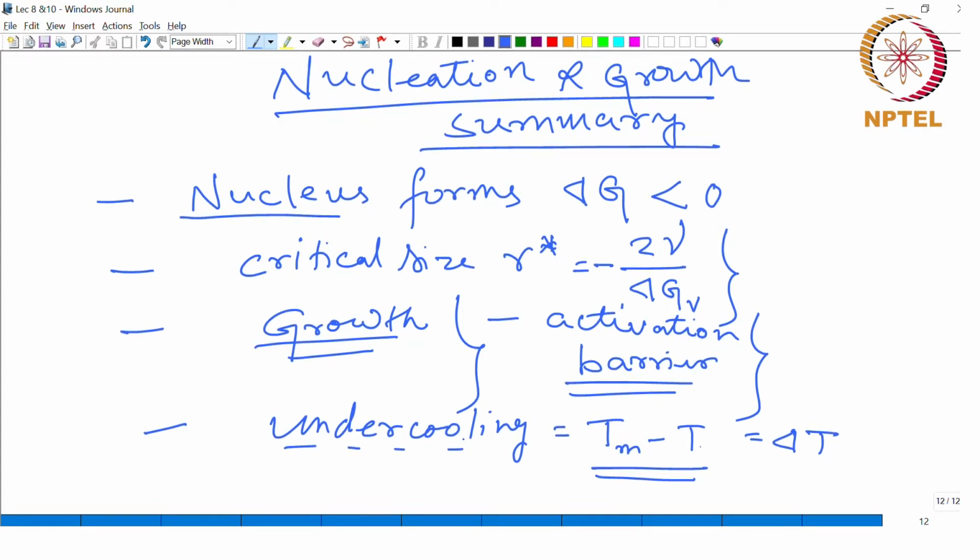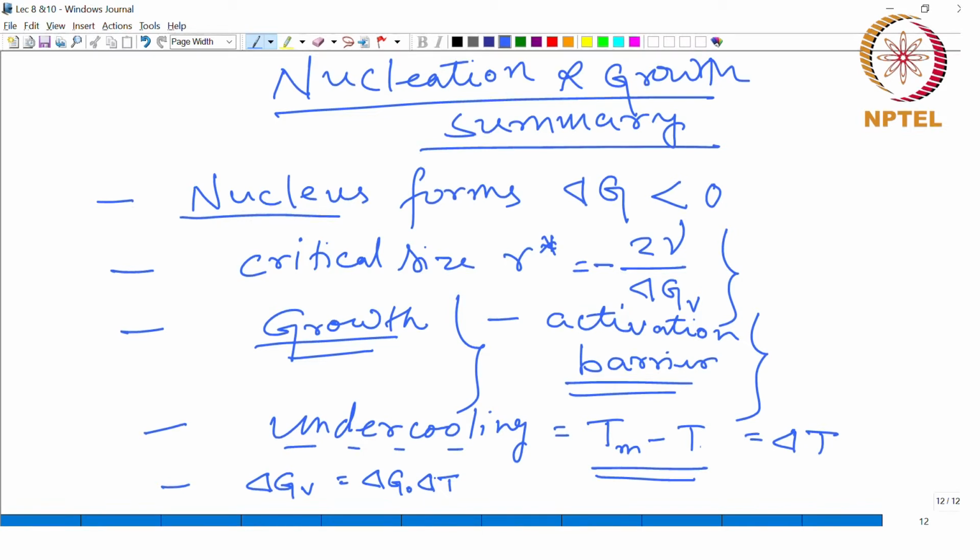And we have also seen that this delta GV is a function of the undercooling.